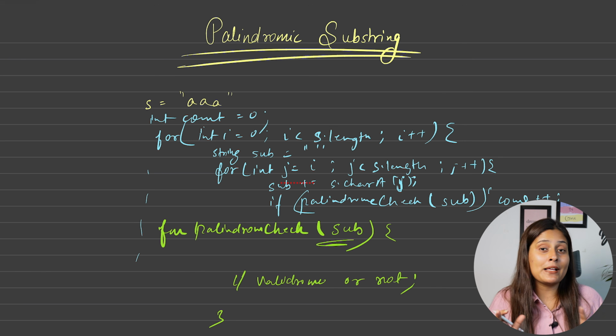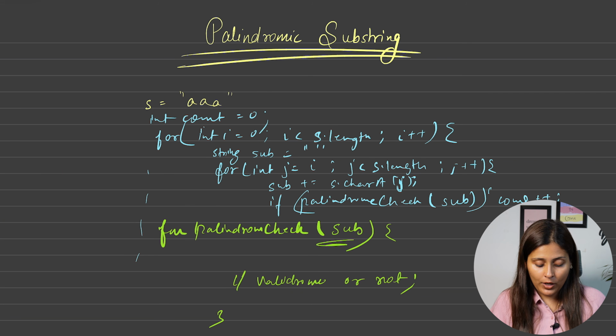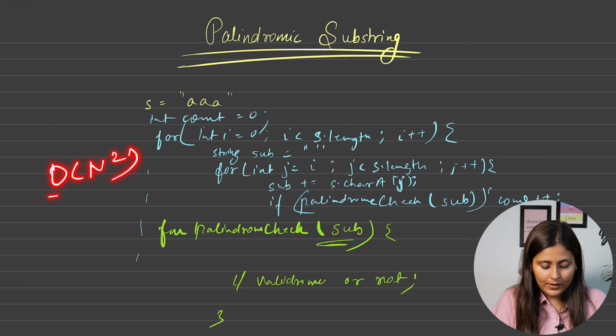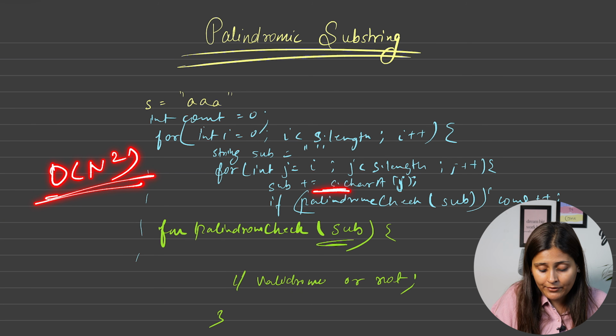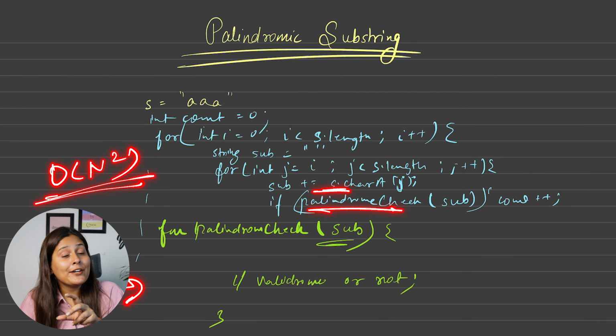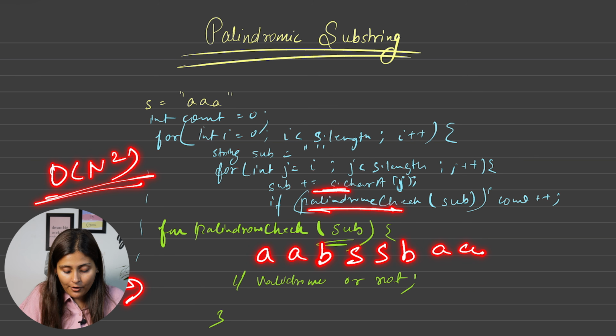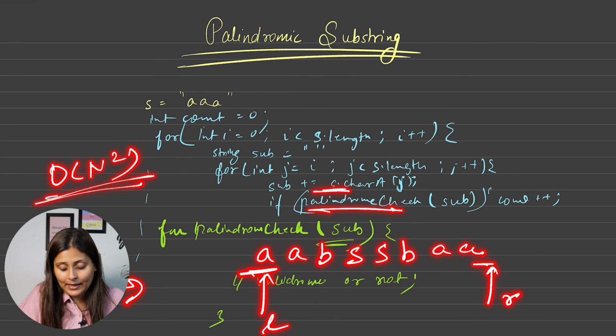But the time complexity, if you'll see now, because we are running these 2 for loops to calculate each substring, it will take O of n square because it is nested, and inside this only we are calling this palindrome check function, and here we will apply the 2-pointer logic. Why 2-pointer logic? Because to check if any string is a palindrome or not, we start a left pointer and right pointer from the end, and we check if these are the same or not.